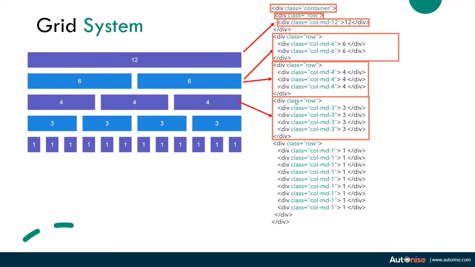Next, we have 4 columns, col-md-3, col-md-3, and so on. col-md-3 is used for defining 1 by 4 of your screen, so each of these columns takes up 1/4 of the screen width. And similarly, we have col-md-1, which will take 1/12 of the screen. If you use 12 of them, you will be able to see 12 columns, each of them taking one width of the 12 imaginary grids divided by Bootstrap.